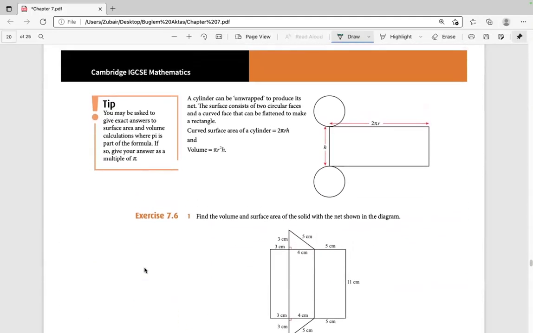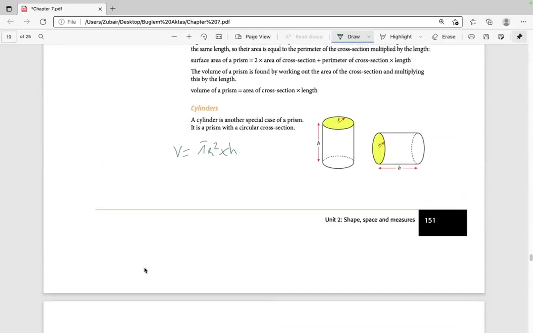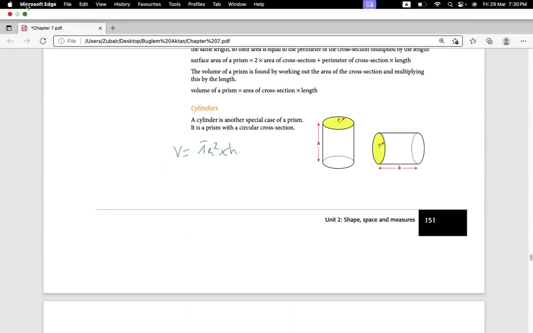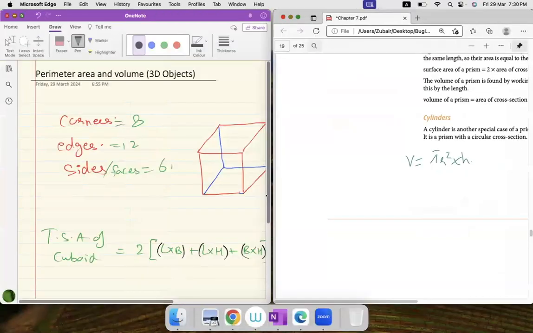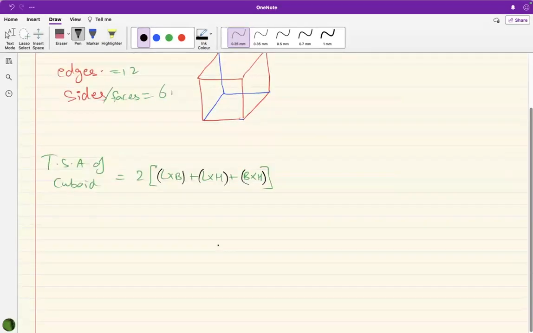Now, total surface area of the cylinder. If I open this up, if I cut it into two parts, it'll be like this, with two circles at the top and the bottom.